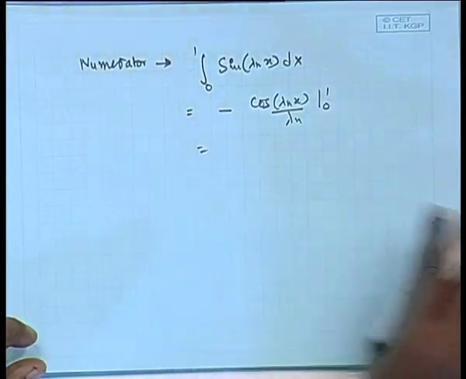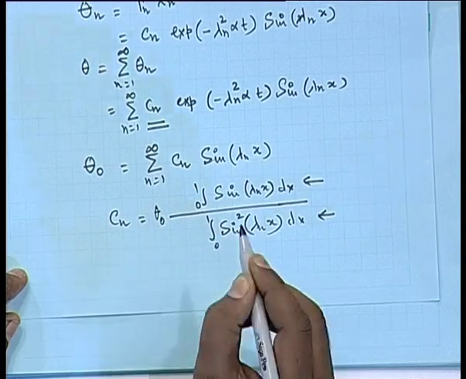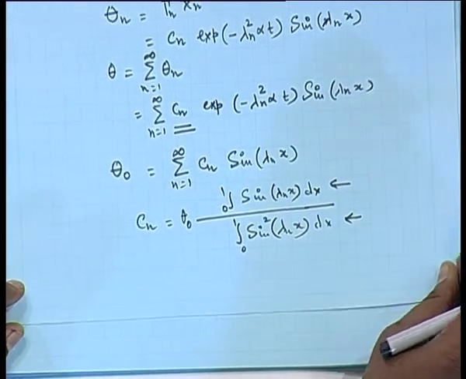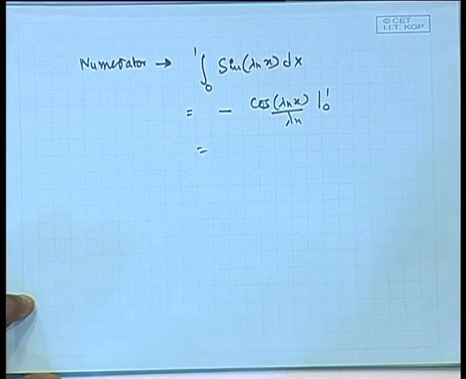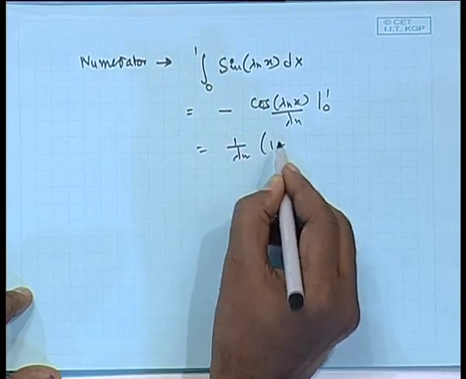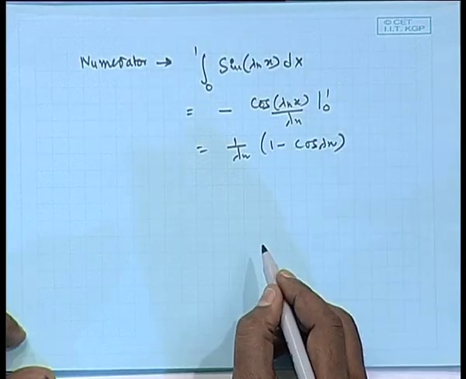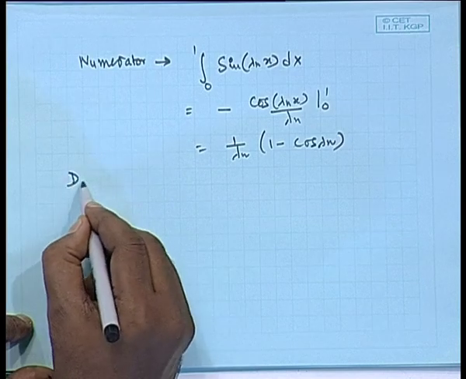I am just evaluating the numerator. Yes, there will be a theta naught here. That is fine. So it will be 1 by lambda n, 1 minus cosine lambda n.